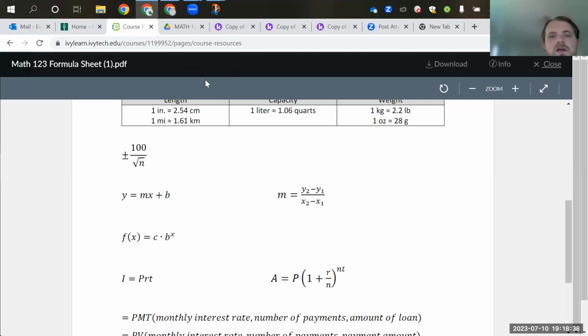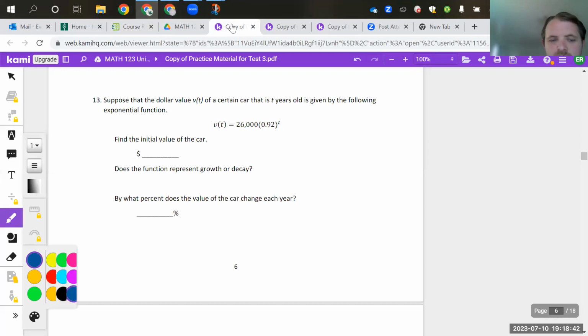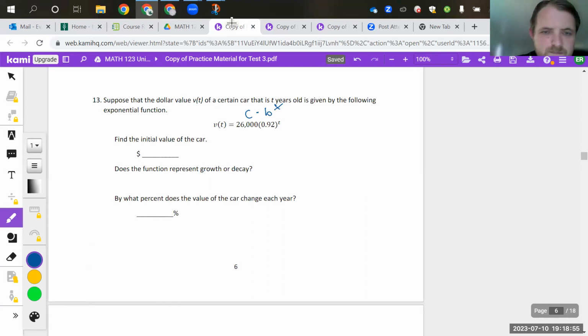And so this equation we have right here, if we've got that like C times B^X in our mind from the formula sheet, that C is your initial value. So that's going to go right there.